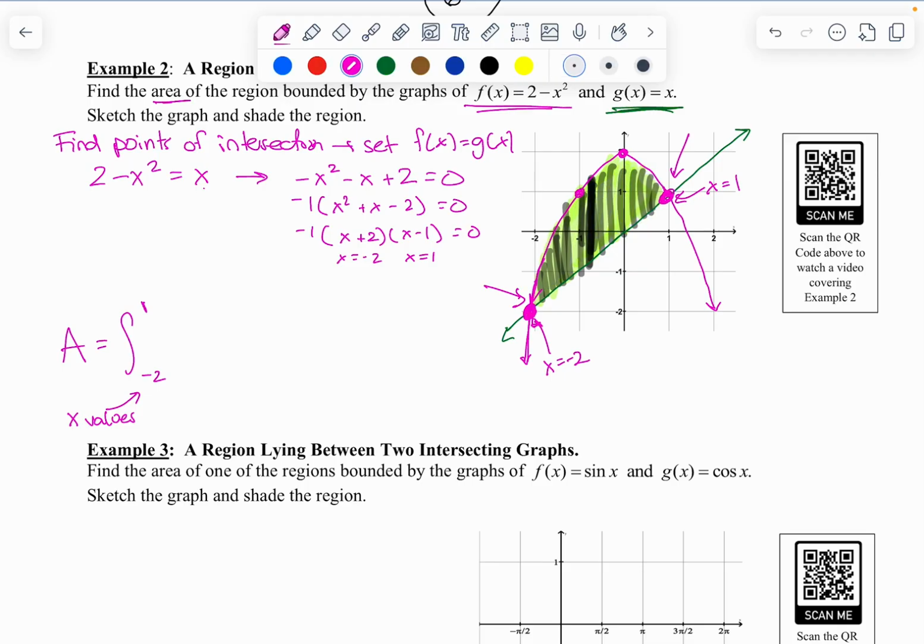So if these are x values, that means the functions are going to be with respect to x, and it's still going to be the top minus the bottom. So it's 2 minus x squared minus the bottom, which is x. And our change in x, or the width of each of these rectangular slabs, is dx. All right, and I will let you finish that up. The answer would be 9/2 once you integrate.